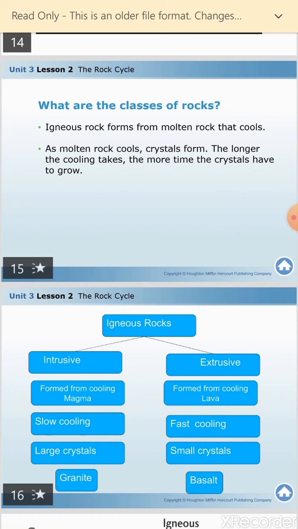If it is above the ground, it will happen quickly, because after the eruption finishes, by contact with the air, the lava will cool quicker than if it was inside the earth. This will make a difference in the formation of the igneous rock itself.